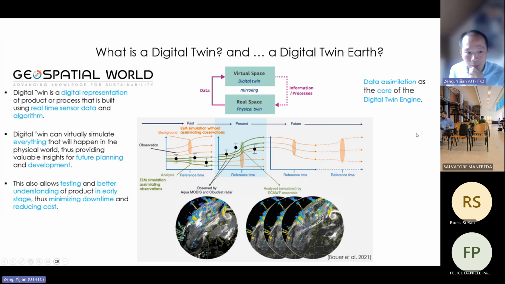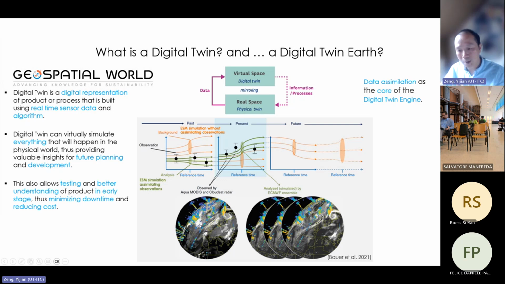Maybe you have heard about data assimilation from somewhere, but here is just a very brief diagram to show the power of data assimilation. The orange curve is the observation from the satellite. For example, this is a cloud structure as observed by the satellite, here Aqua MODIS and the CloudSat radar.